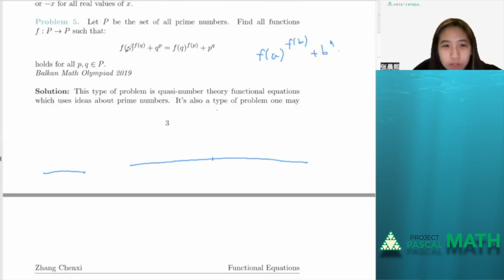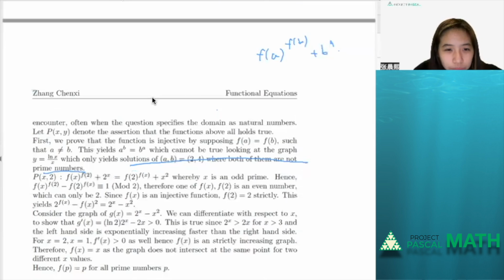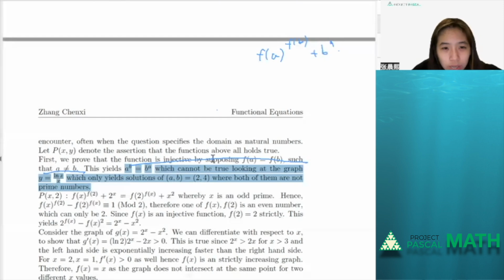You're able to cancel out one side, and then you can get a^b equals b^a, which again I use the idea from above. You only have the solution (a,b) equals (2,4).